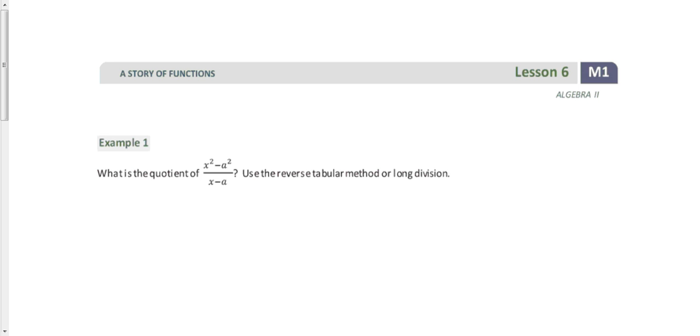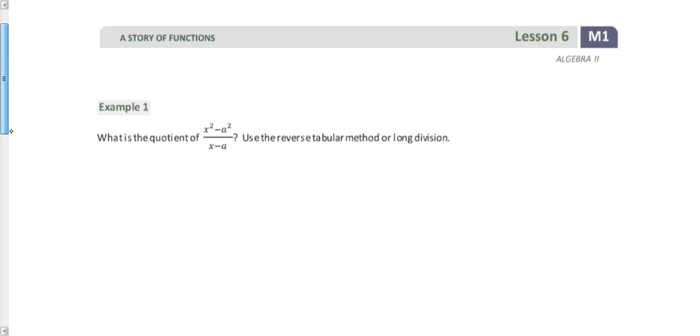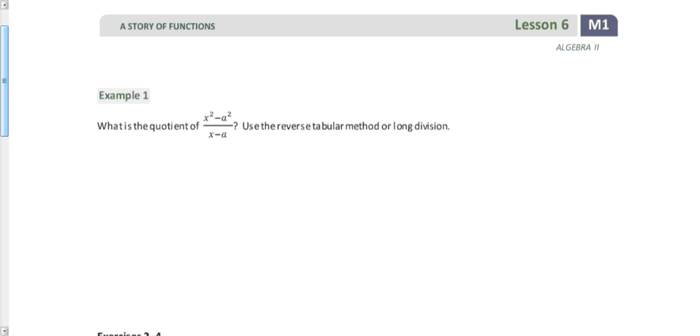That's the goal here, okay? So, we're going to use the reverse tabular. Now, let's do long division. Who likes reverse tabular? Who likes long division? All right. You can choose the method of your choice on your notes. However, we are going to do long division on the board.